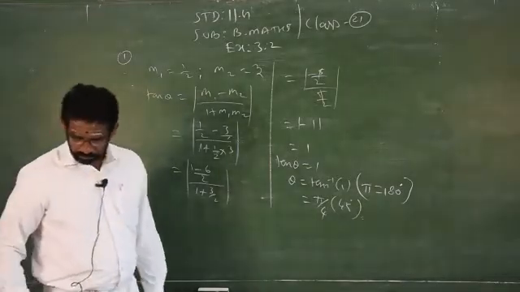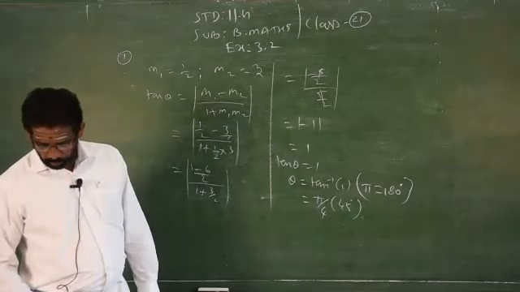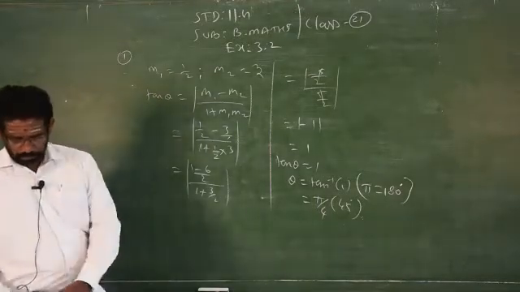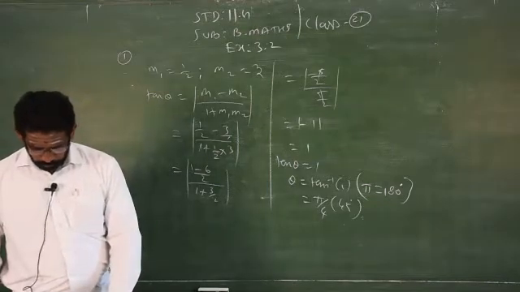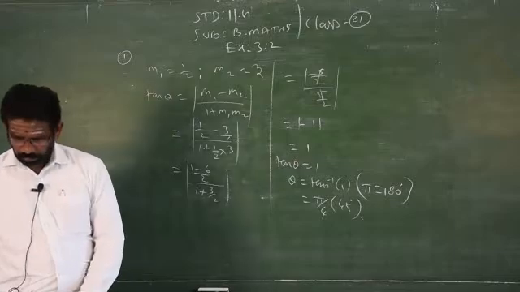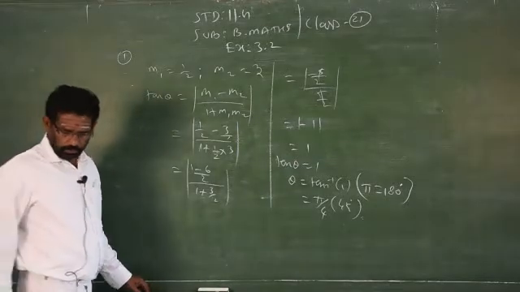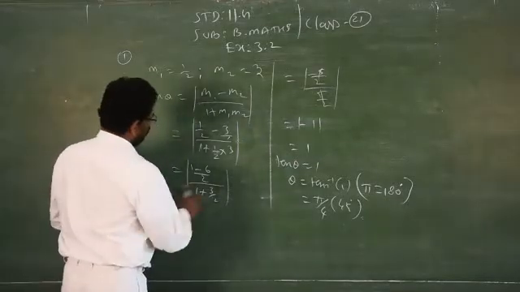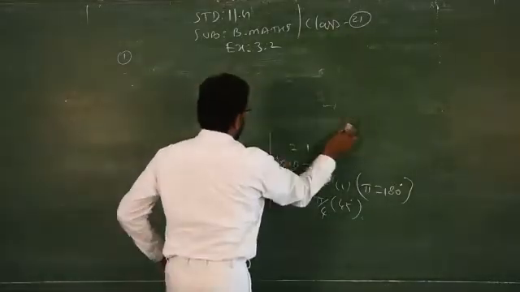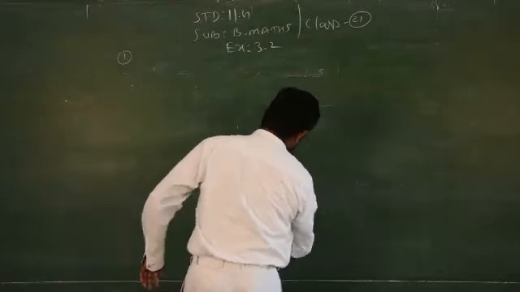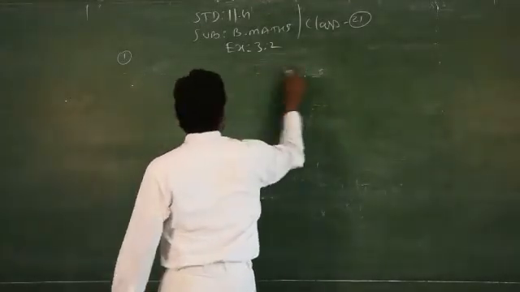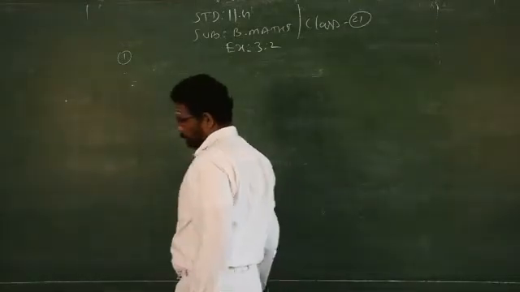Then question number 2. Find the distance of the point (4, 1) from the line. What is the formula? Yesterday itself I wrote the formula to find the distance: modulus of (ax plus by plus c) by square root of a square plus b square.